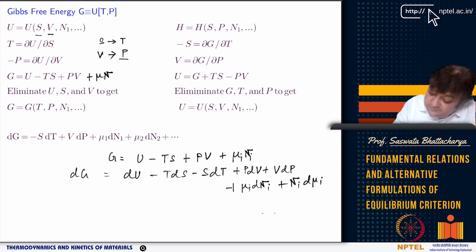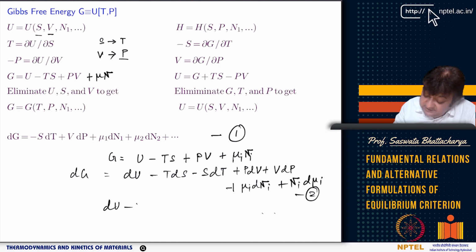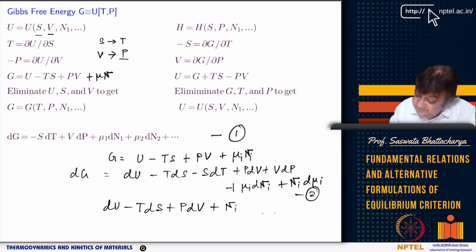But again, if you look at this relation 1 and this one 2, immediately it follows that minus S dT plus V dP remains, with dU minus T dS plus P dV plus mu i dni plus ni d mu i.